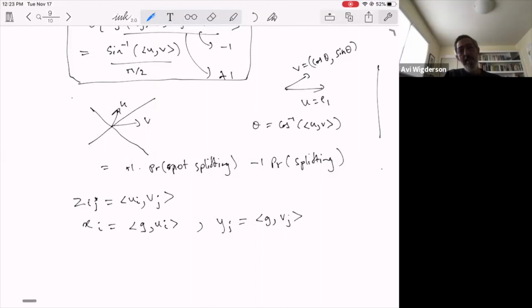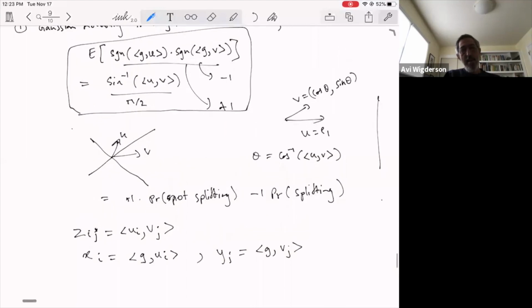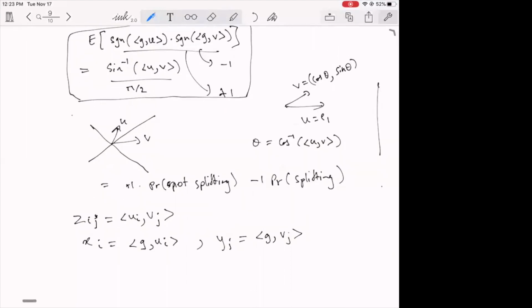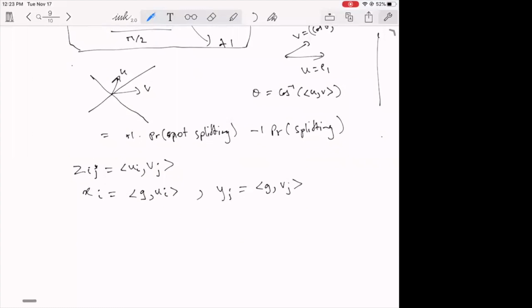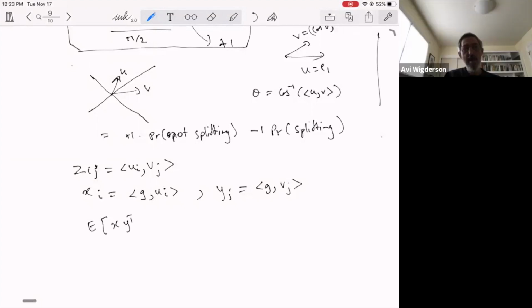As I was saying, the inversion step is motivated by this identity. So we have a matrix Z like this, and then we sample Gaussians G, and then we set xi and yj as that. xi is really the sign of this. There is a sign missing, right?